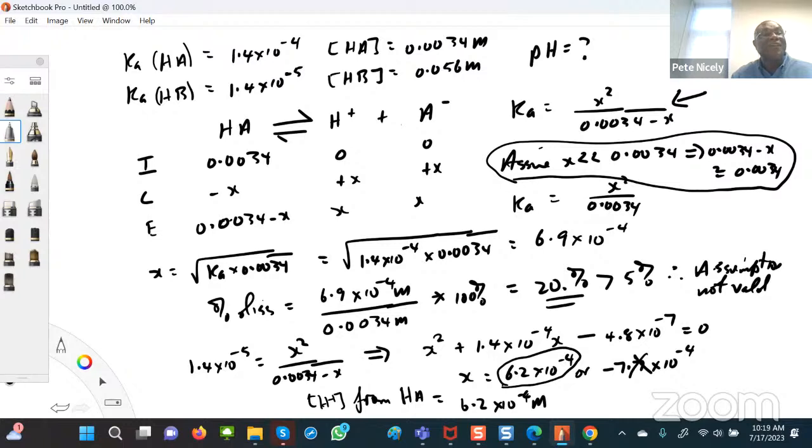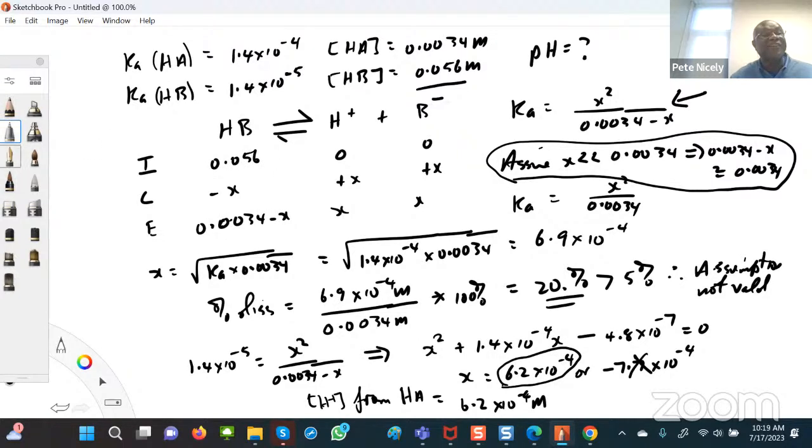Okay, so what I'm going to do here is erase this and replace it with the initial concentration. To avoid confusion, let me erase the A's here and replace those with B and B minus. So the initial concentration here would be 0.056.